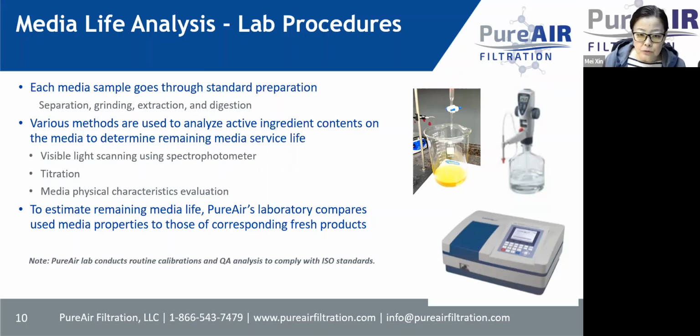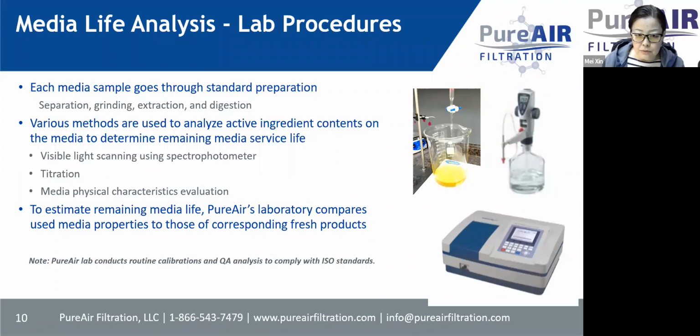And we also do routine media physical characteristic evaluation for some other media. And we always record media moisture level. Most of the data we report as dry basis, because the media in the field probably collects too much moisture, so you change your baseline. So everything we report is based on dry basis.